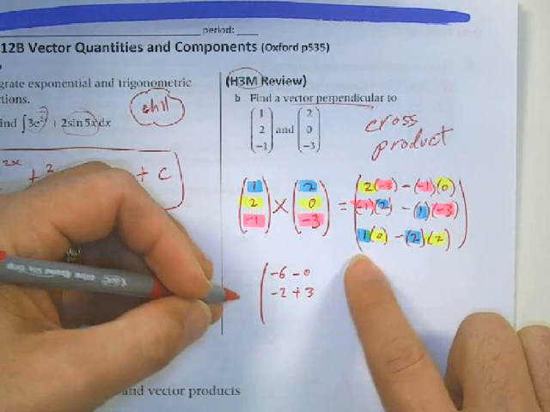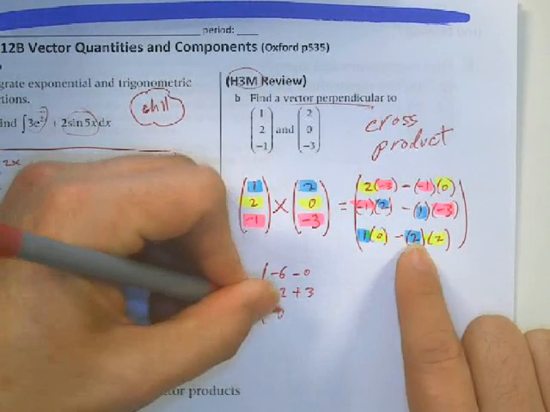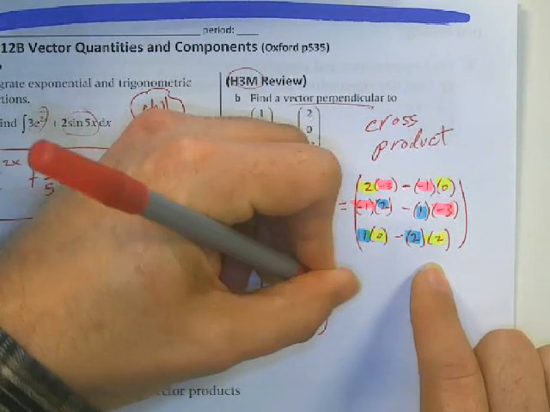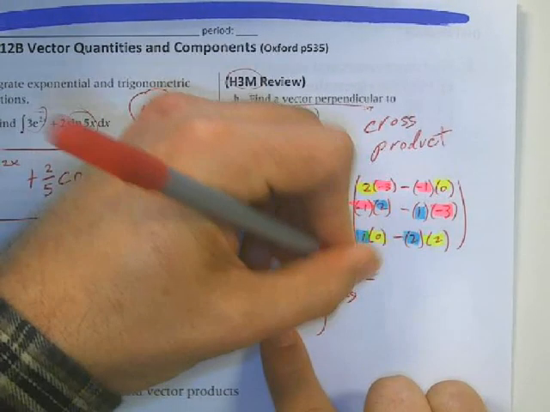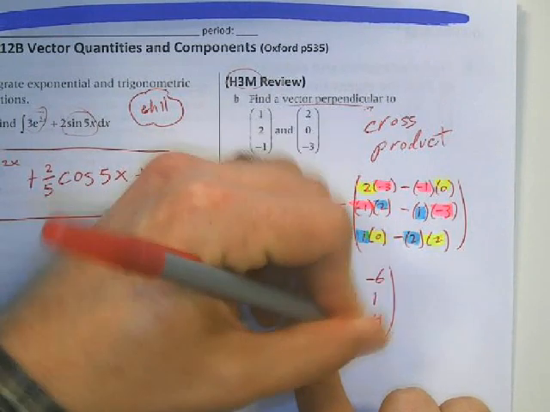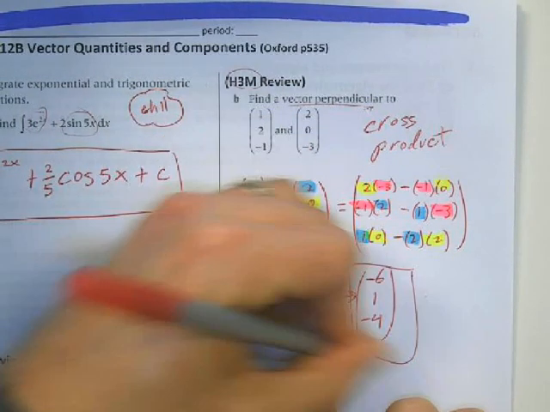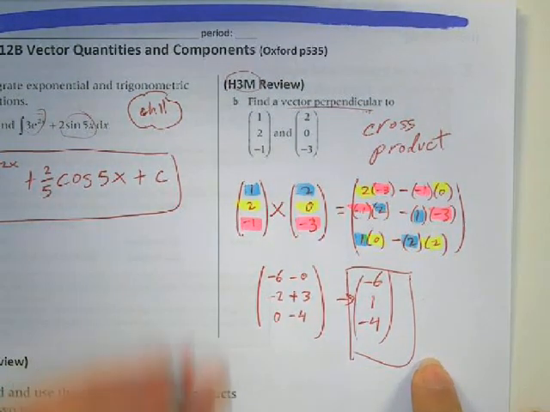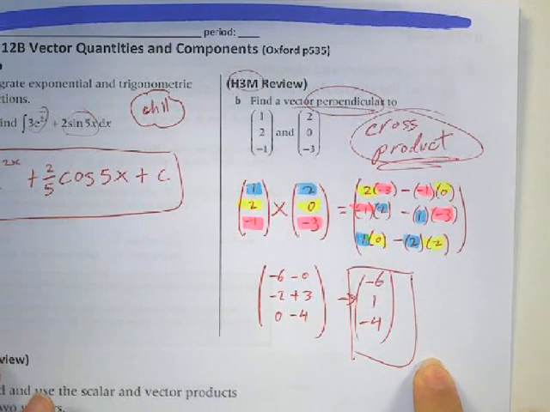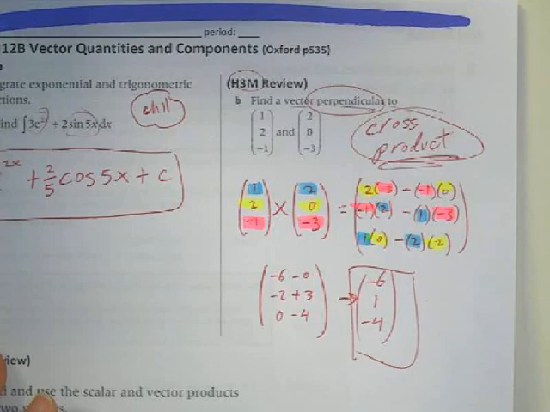And then the next one's going to be 0 minus 4. So that simplifies to -6, 1, and -4. And so the cross product gets us a perpendicular vector. That's going to be really important in our new lesson.